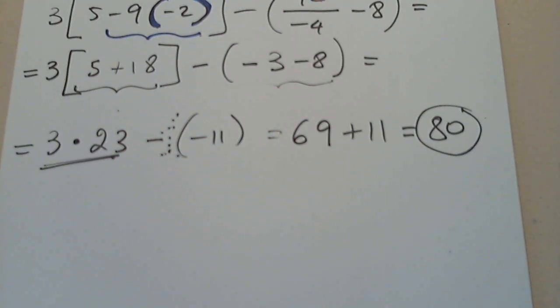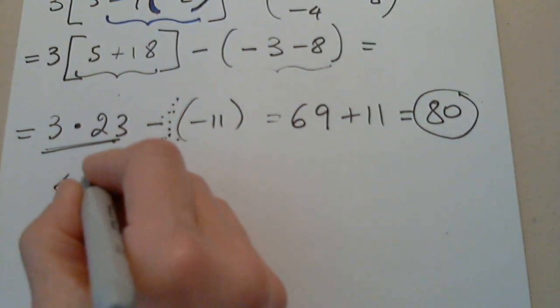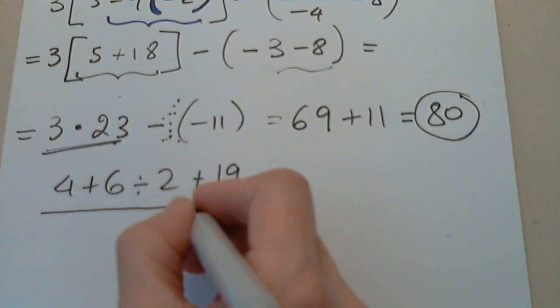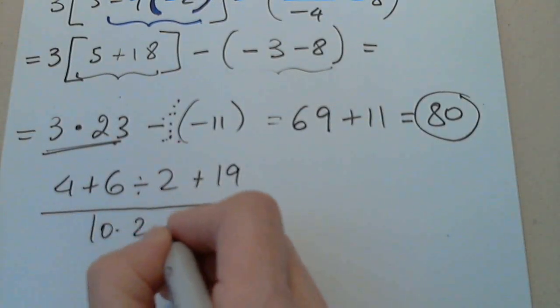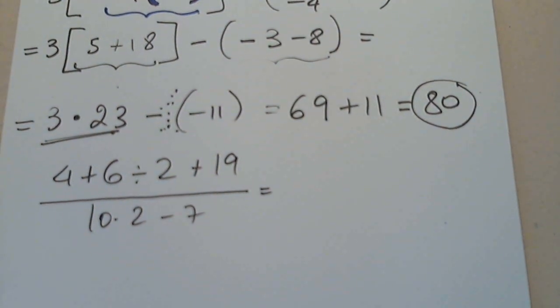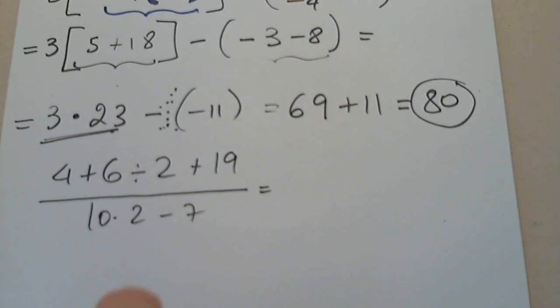Let's look at one more before we continue with 1.4. So 4 plus 6 divided by 2 plus 19, everything over 10 times 2 minus 7. Let's take a moment. I know I'm going to ask this question over and over. Will you allow me to simplify this 4 with this 2? They are divisible by 2.